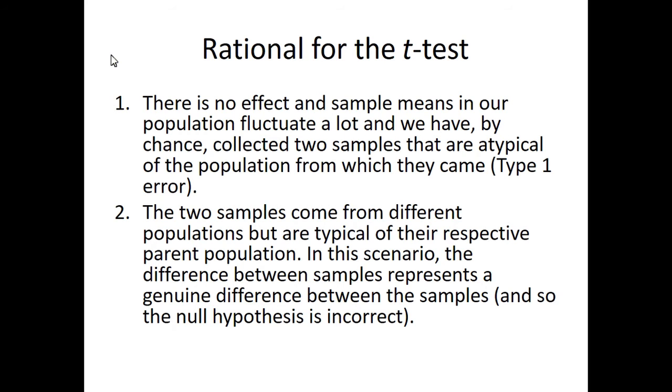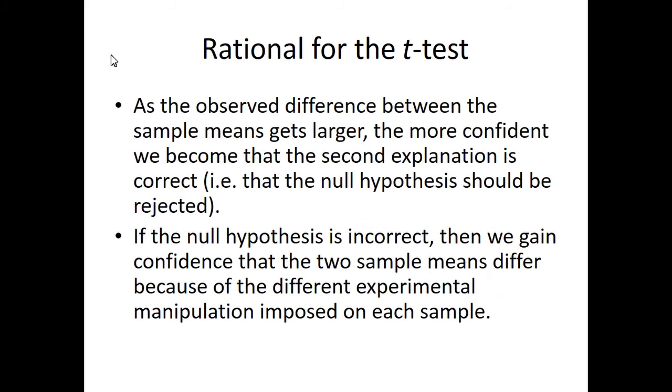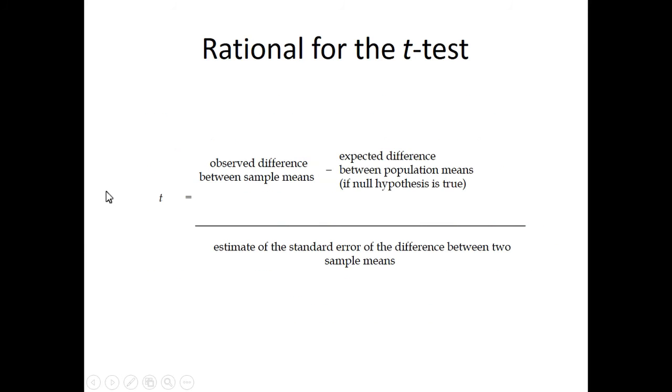So as the means get bigger, bigger differences between them, we're more likely to believe that they're pretty different. So if the null hypothesis is actually false, we're confident that our means differ because we imposed this manipulation on them. So this is kind of the logic of a t-test. This is actually the logic of most statistics. Good variance, bad variance, and we just implement it in different ways.